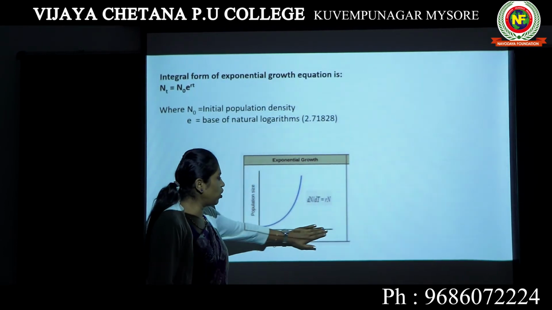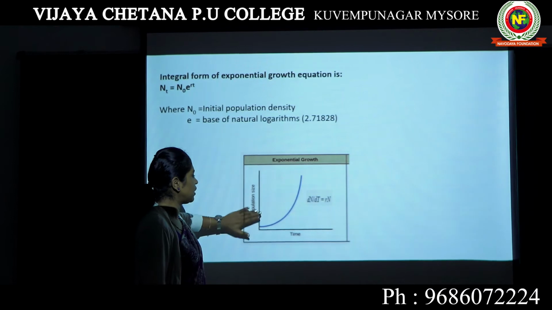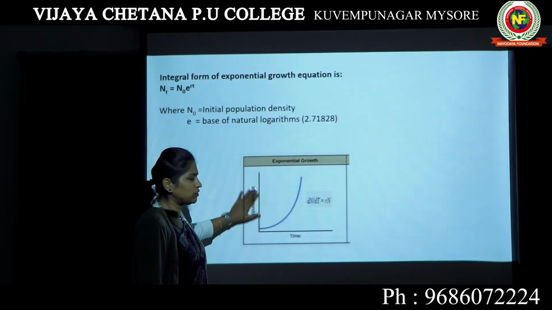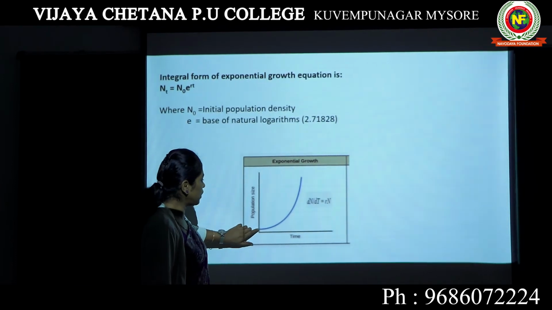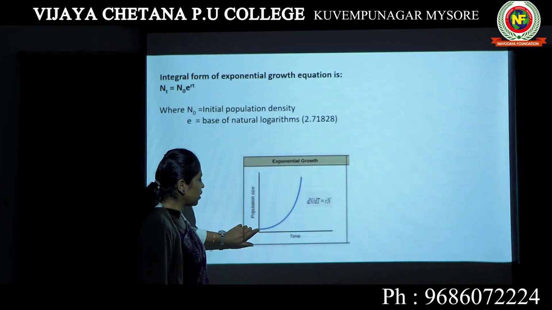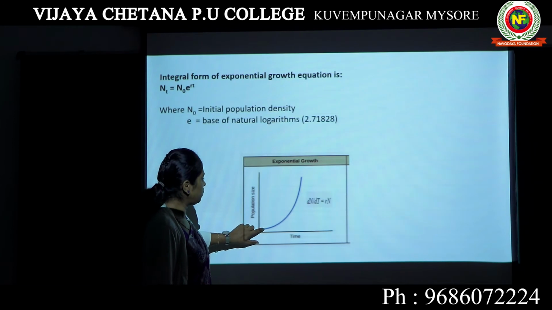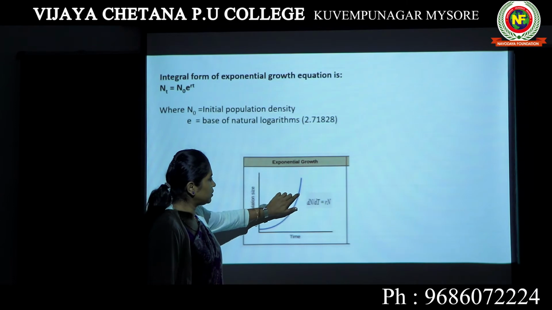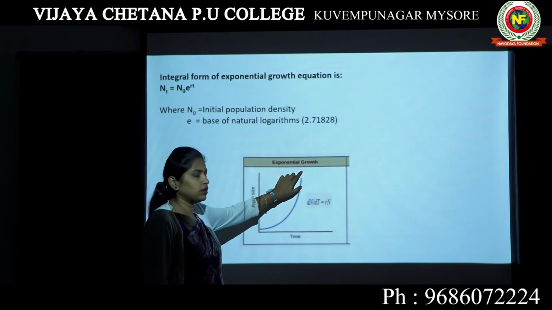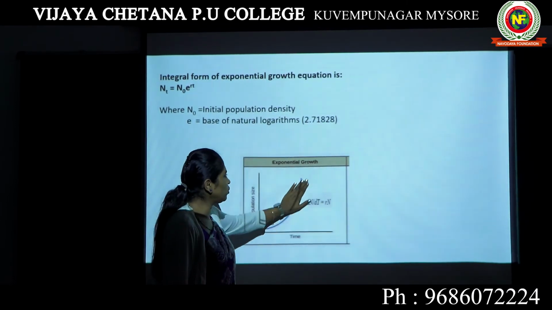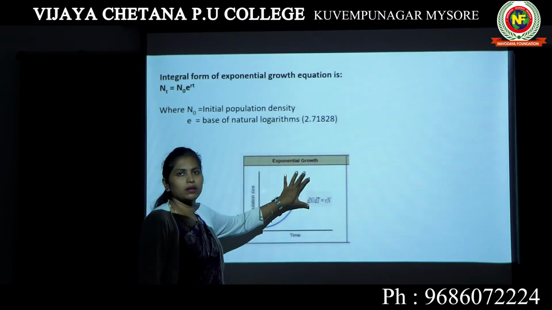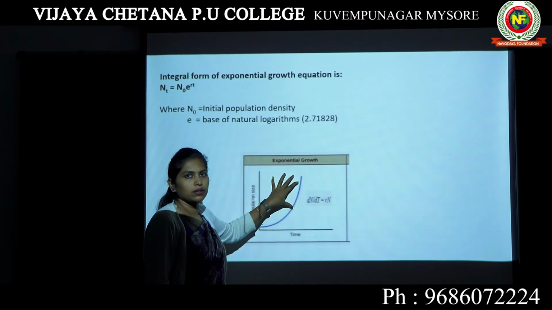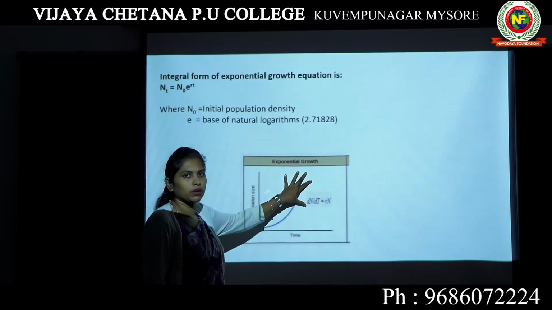Along with the time, the number of bacteria also increases. Initially the population size was very less, there were only 10 bacteria, then it became 100, 1000, 10,000, lakhs, and in 10 lakhs it started increasing. It keeps on growing till the resource becomes limiting. That means the supply of resources stopped.